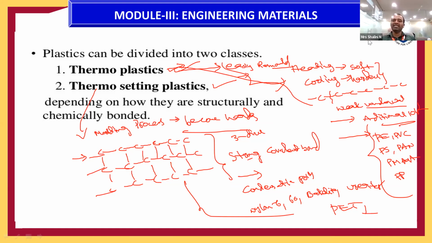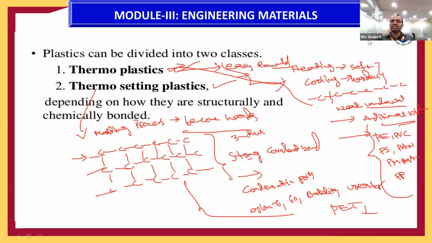So in thermoplastics, weak van der Waals forces are present. In thermosetting, strong covalent bonds are present. Thermoplastics are remolded. Thermosettings can't be remolded. Scrap of material in thermoplastics is reused, but in thermosetting, scrap is not reused.